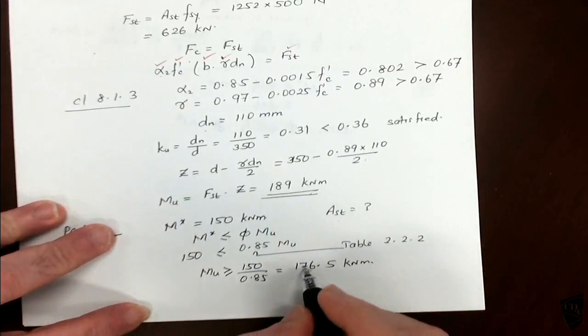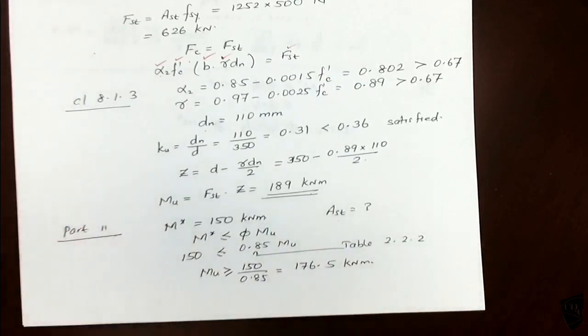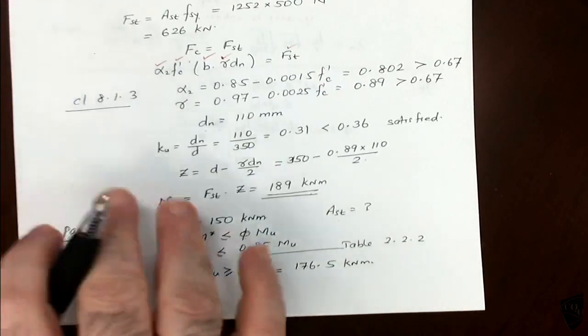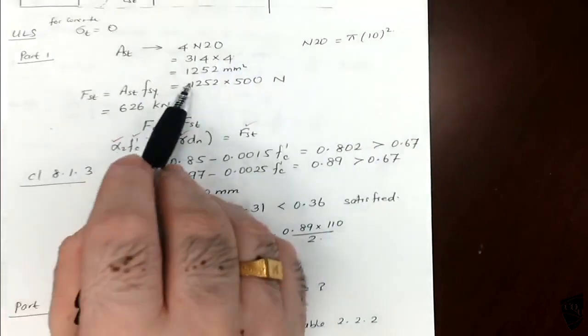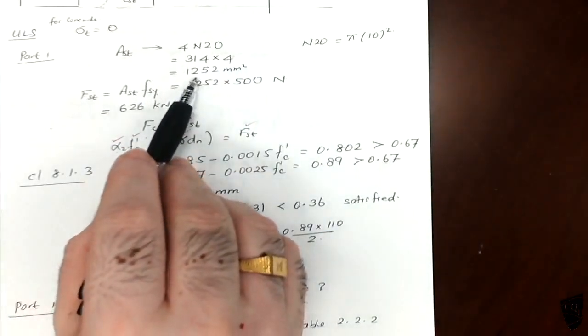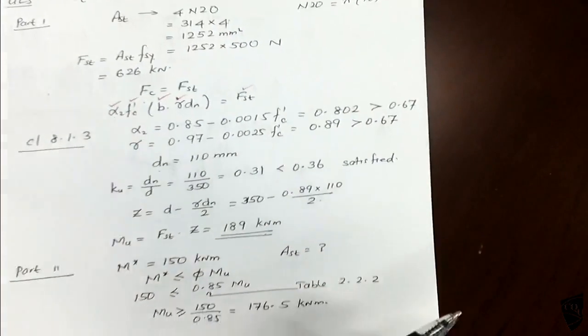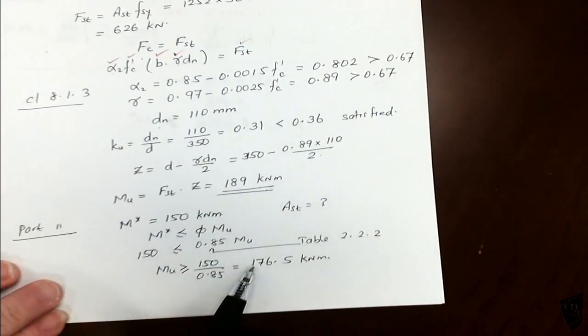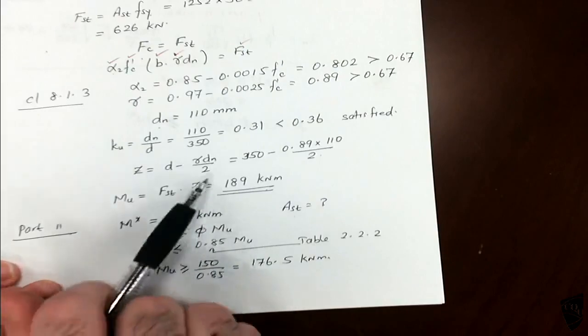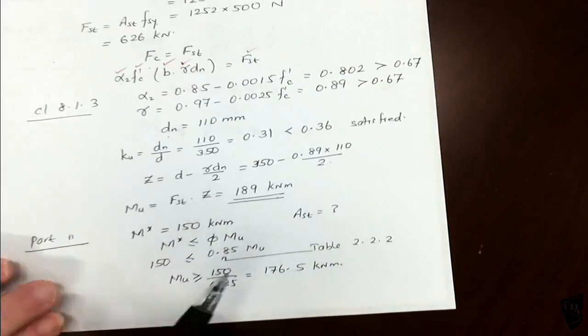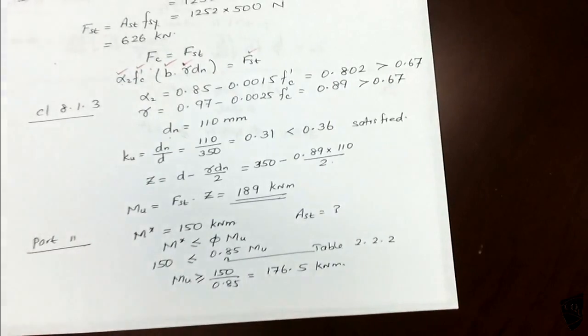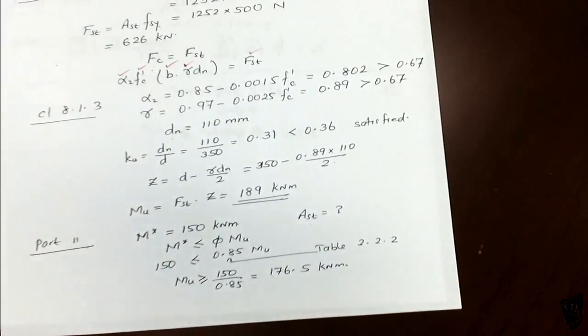So technically you need more than 176 kilonewton meter Mu. When you use this steel, you get 189. So probably our steel will be a little bit less. It's almost the same order, yeah. So it will be a little bit less, but at the moment we don't know, so we need to work it out.